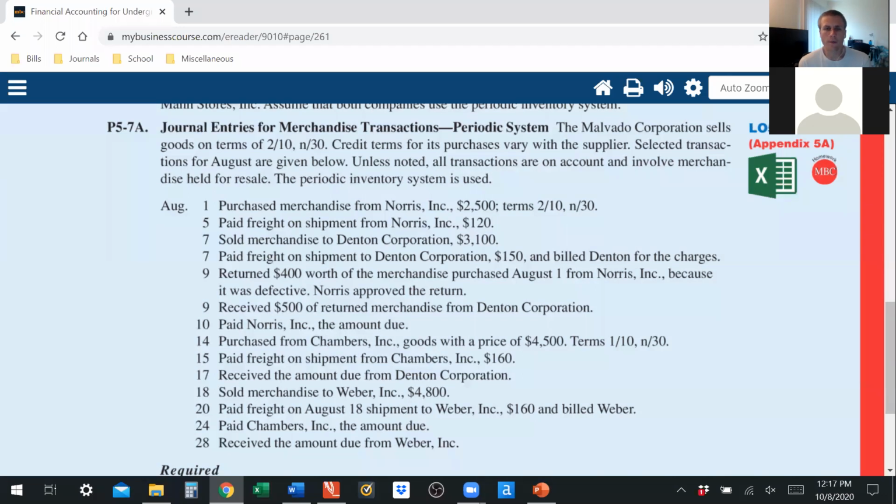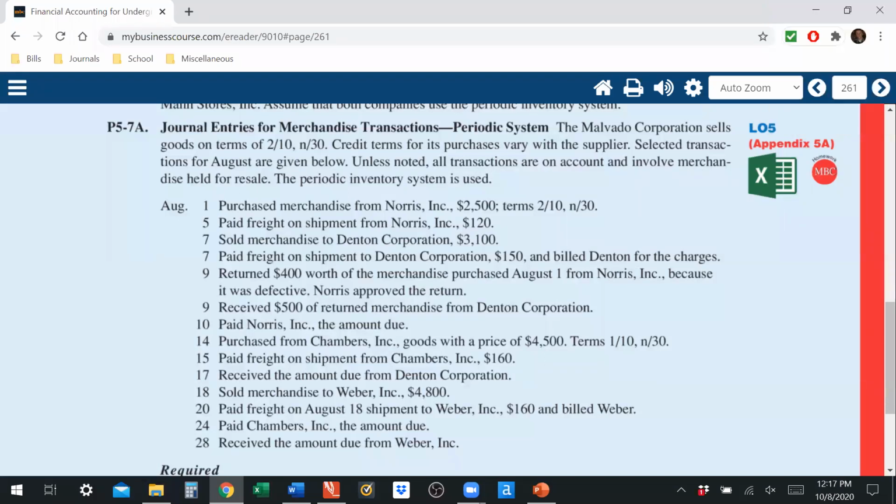The Malvado Corporation sells goods on terms of 2/10, n/30. Credit terms for its purchases vary with the supplier. Selected transactions for August are given below. Unless noted, all transactions are on account, so no cash unless they tell you, and they involve merchandise held for resale.